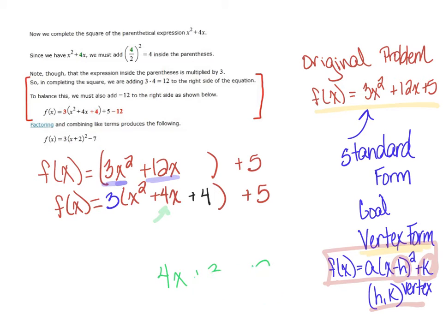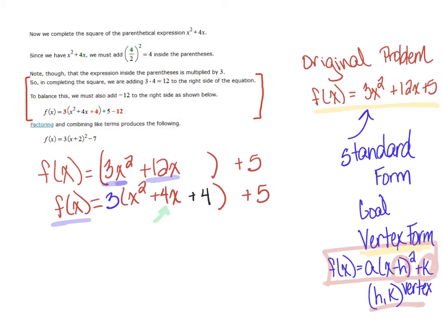And as long as I did it to both sides, I was in good shape. Well, here, we still have to keep our equation balanced, but we're only talking about one side of the equation. We have an f of x over here. So I can't add anything to the other side of the equation. I've got to keep everything on the same side. So I added this 4 right here.